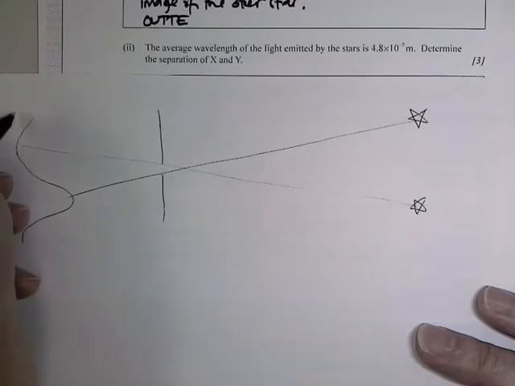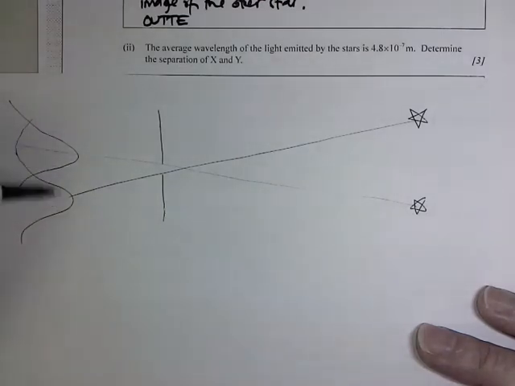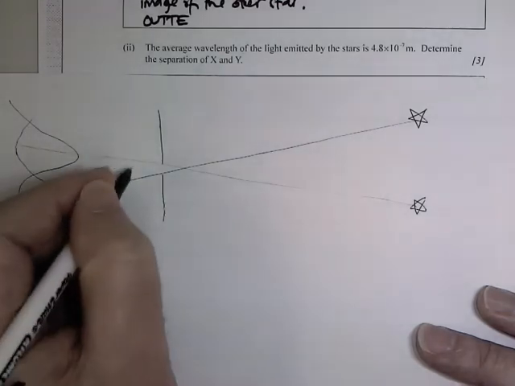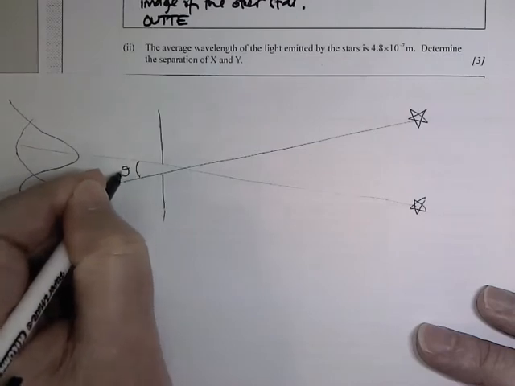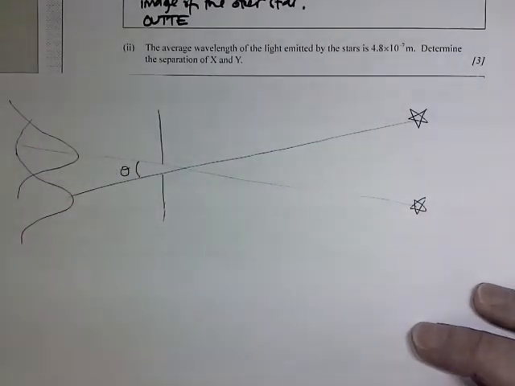So there'll be a central maximum here, something like that, very badly drawn, but don't worry too much about that. What you do know is when that occurs, that's the limit of the Rayleigh criterion, and that Rayleigh criterion has a known value given to it called theta.